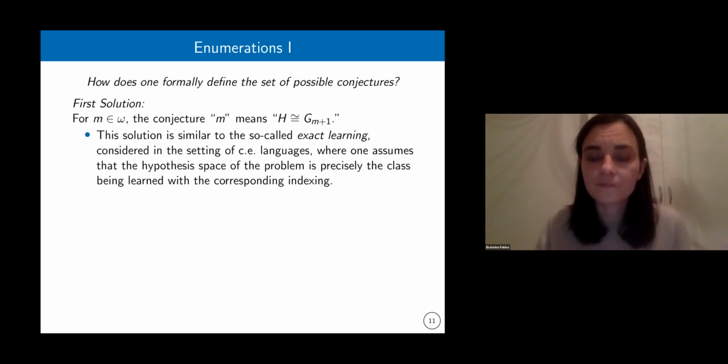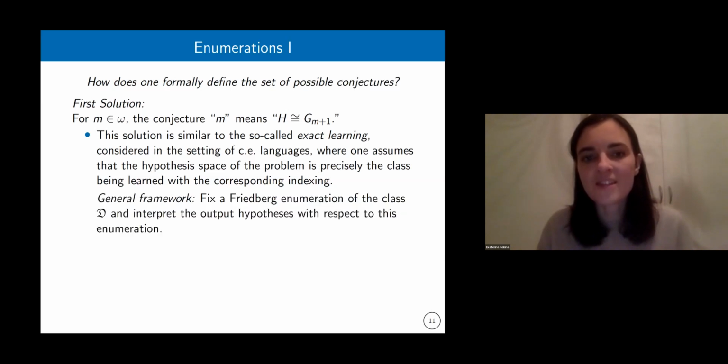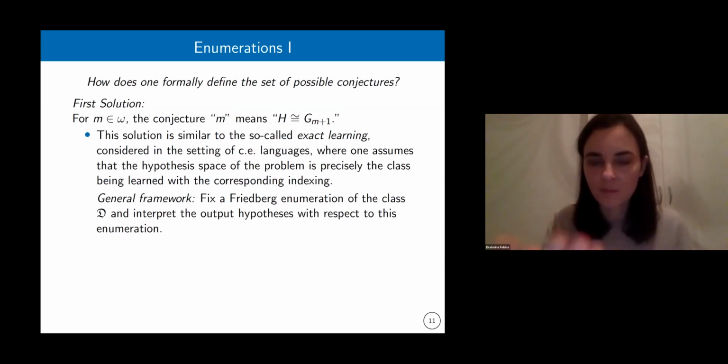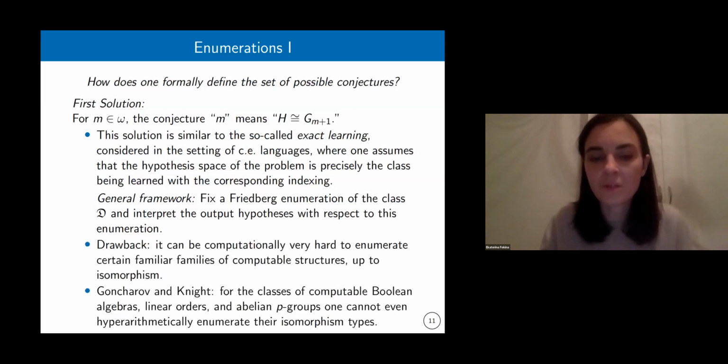The problem is that those enumerations of classes that we want to study are not always that nice. The general approach based on this idea would be to fix a Friedberg numbering of the class and interpret the output hypothesis with respect to this Friedberg numbering. Now the problem is that Friedberg numberings are sometimes computationally very hard.